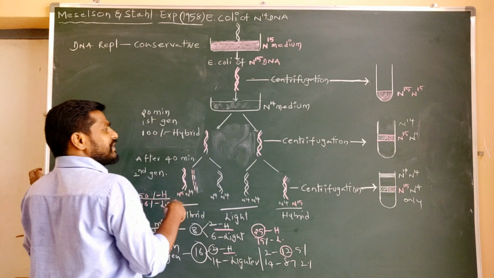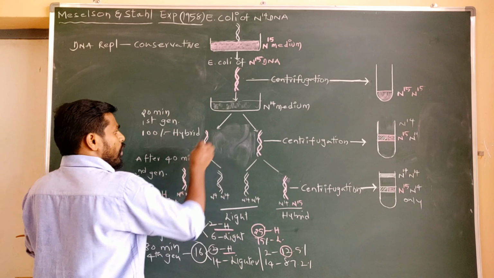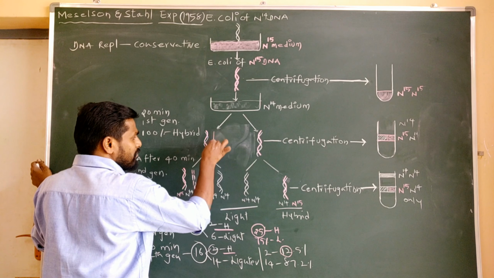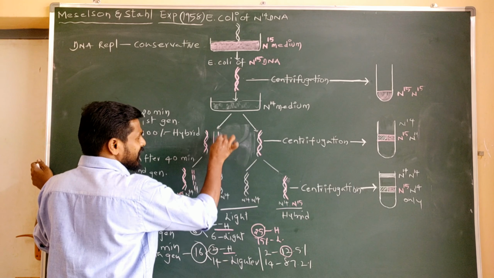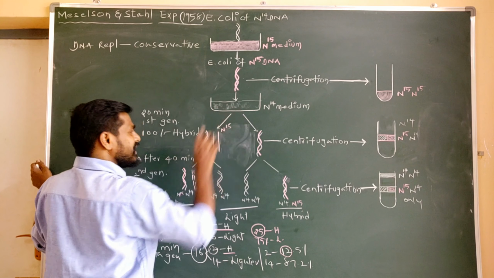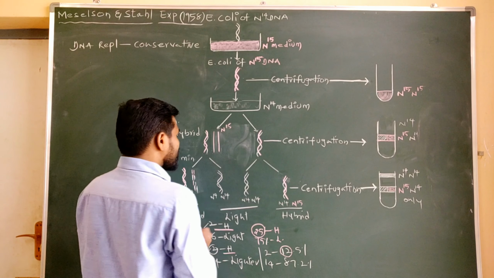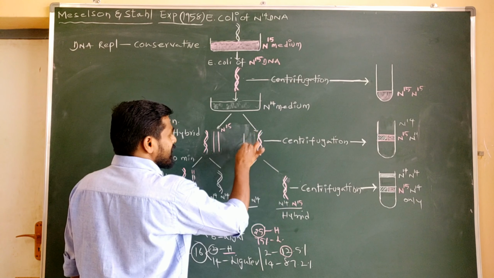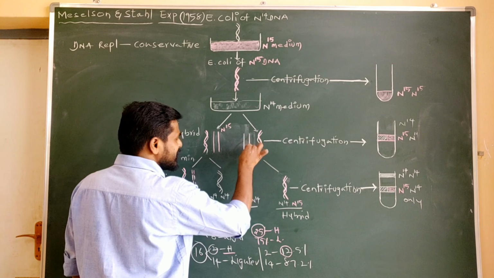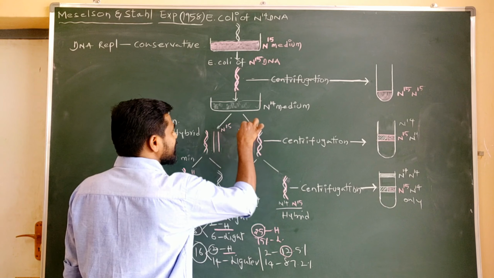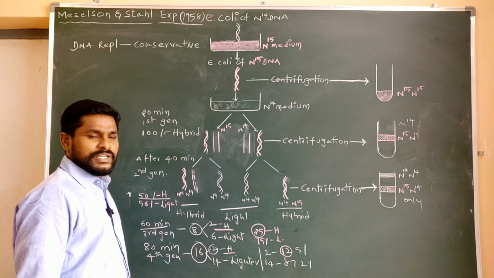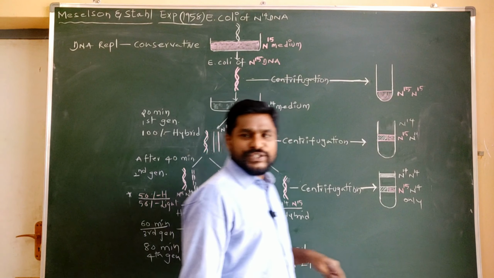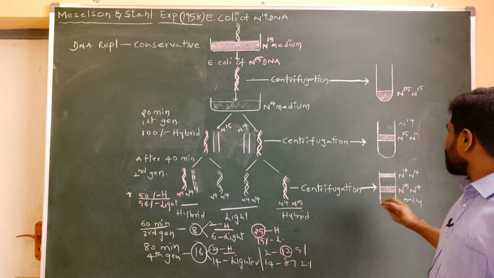If the DNA is undergoing conservative replication, let us see what type of result they could get here. So in first generation, one E. coli cell could have completely parental DNA, that is N15 DNA, and another E. coli cell could have completely newly synthesized DNA, that is N14 DNA. So the result of centrifugation could be like this.